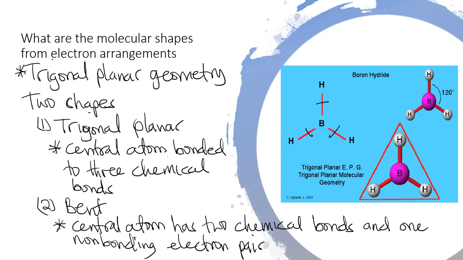So let's say the central atom is X, and you have a chemical bond here, another chemical bond here, and you have a lone pair here. So instead of having a third chemical bond here, you have a lone pair of electrons. So your molecule is going to have a bent shape. Bent means it's bent like this. So these are the two shapes that can come from a trigonal planar geometry.